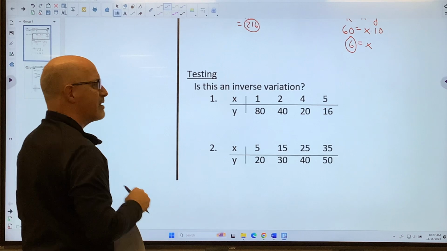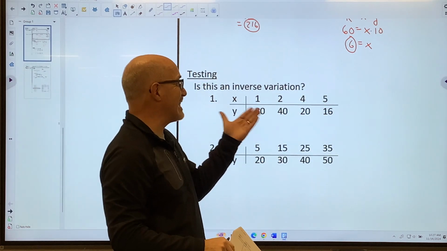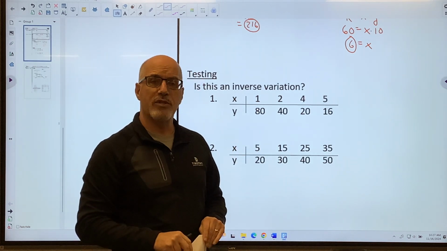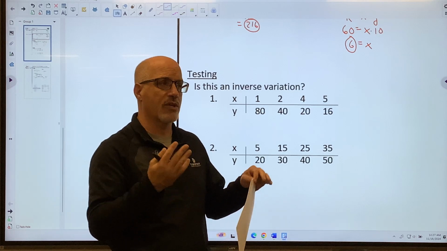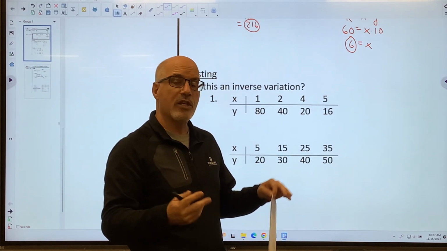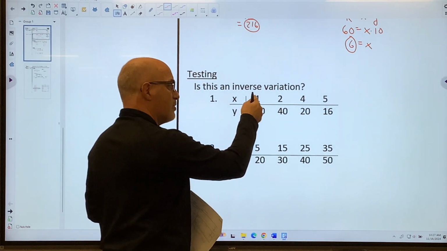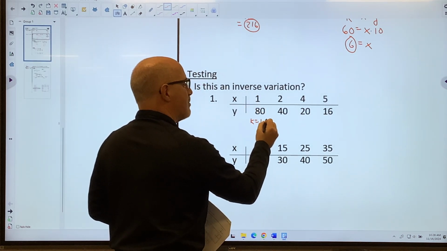All right, the last scenario we're going to talk about is, what if it asks, is this an inverse variation? There are several ways to do it, such as using ratios, but we're going to use the idea of the constant. Using this x and this y, my constant equals 1 times 80, which is 80.